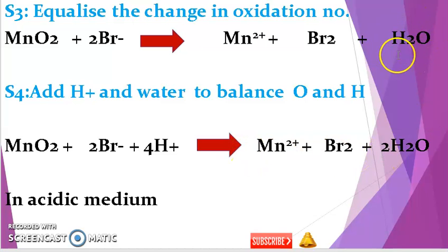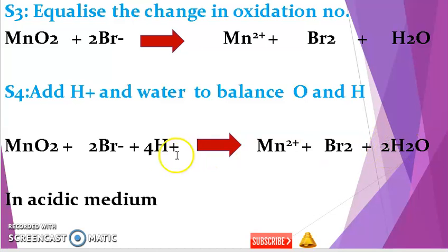In the H2O you can see there are 2 hydrogens, so for that we have to write 2 here. If we write 2, what happened? Here the oxygen is 2, here the oxygen is 1, here we need 2 hydrogens, so that only we have written 2 here.